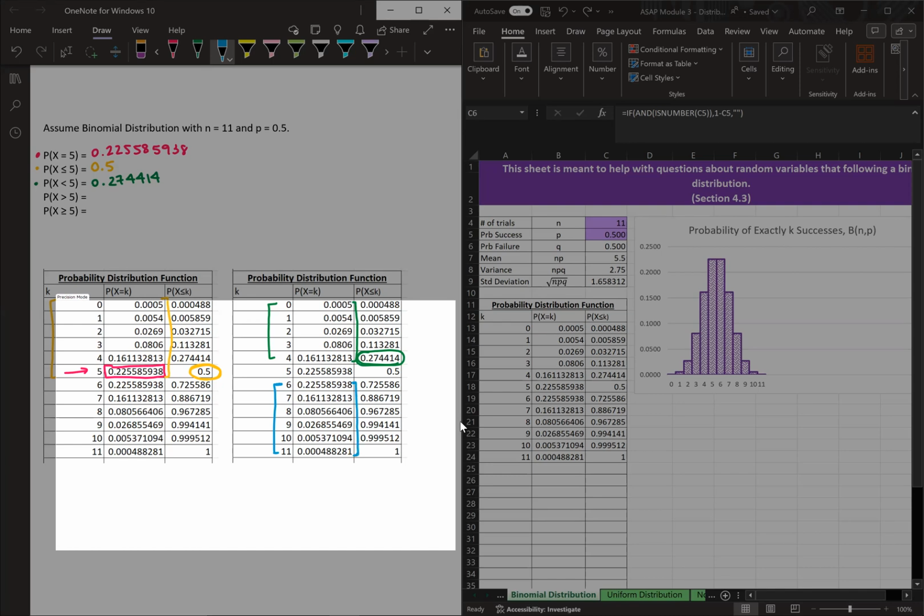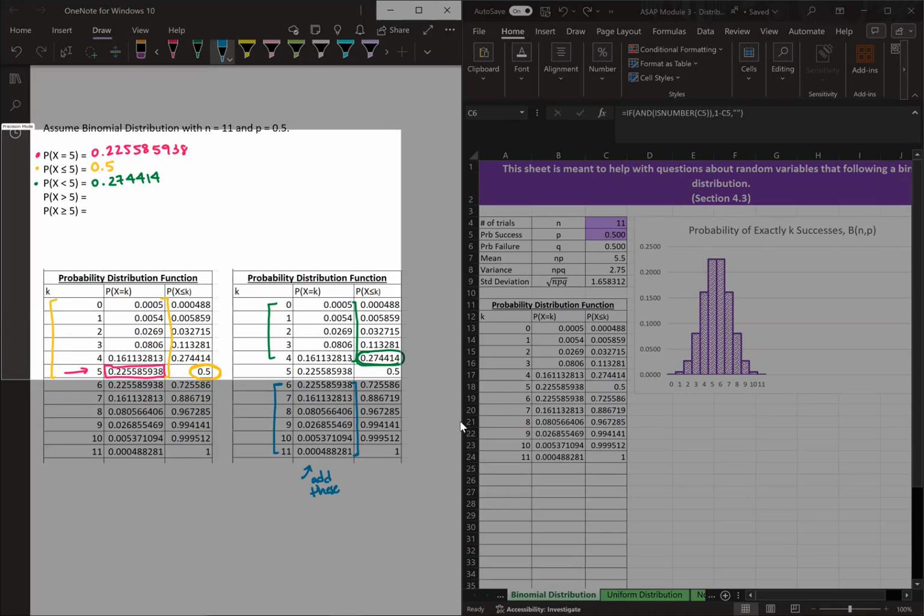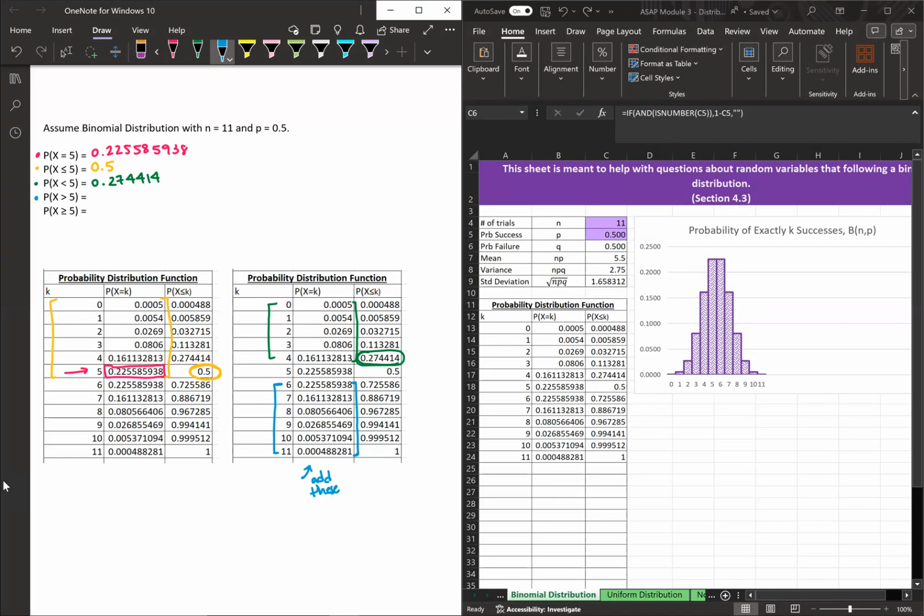So you want to add up all of these guys here. And if you add them up, let's say I've already done this behind the scenes because I'm recording a video. If you add all of these up, you're going to get 0.5.